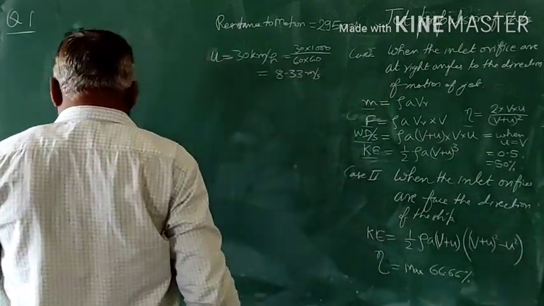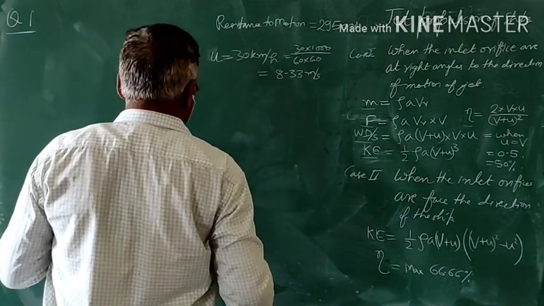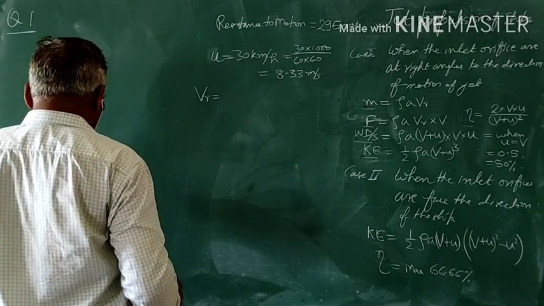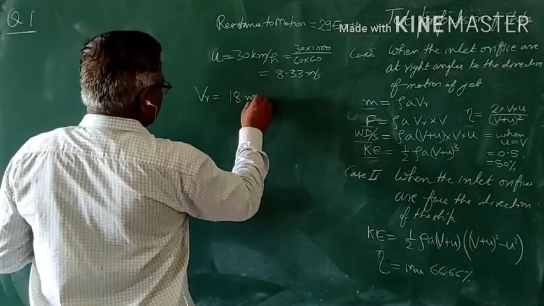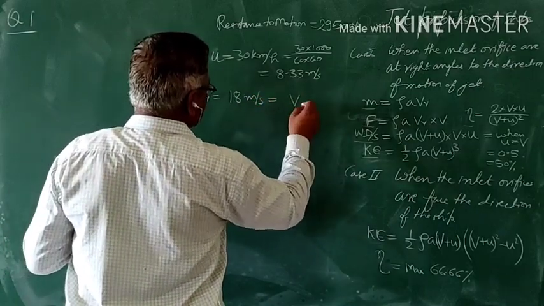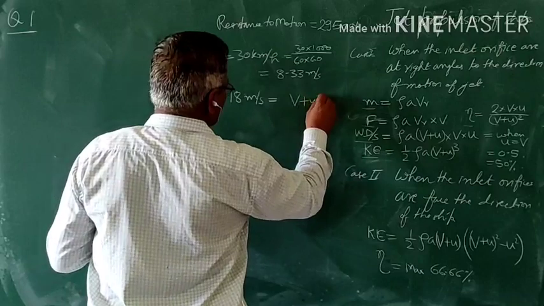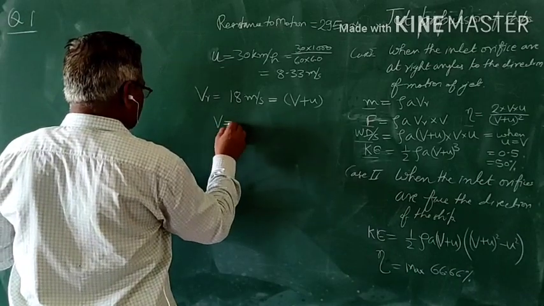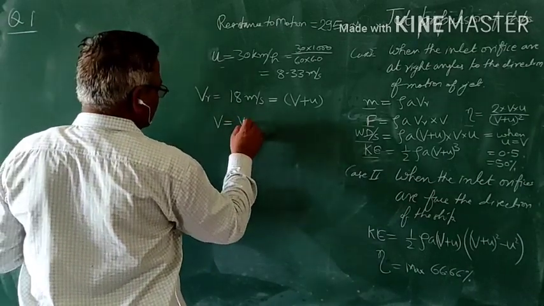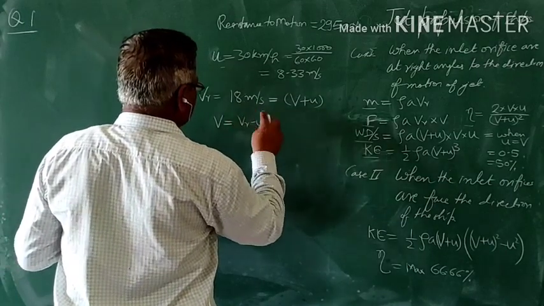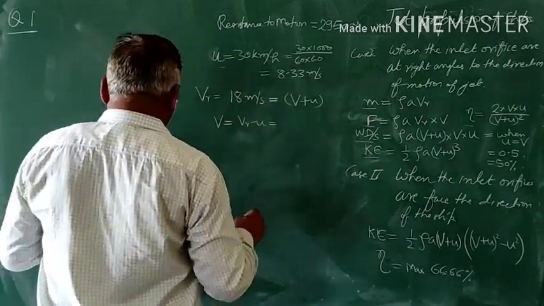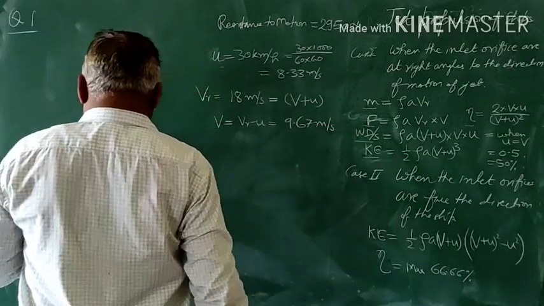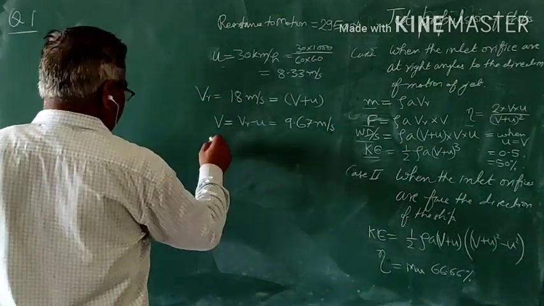The velocity of the jet relative to the ship is given in this question as 80 meter per second, and we know that the relative velocity is V plus U. So we know the value of U, so we can calculate the value of V, the absolute velocity of the jet, as VR minus U, and substituting 80 minus 8.33, it becomes 71.67 meter per second.